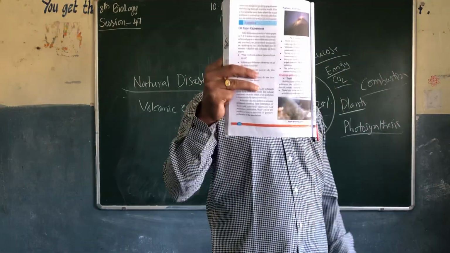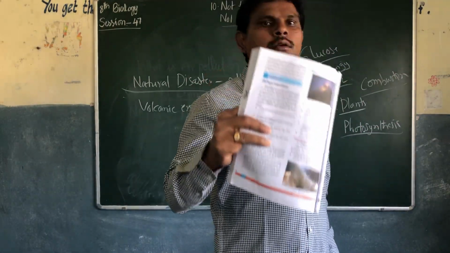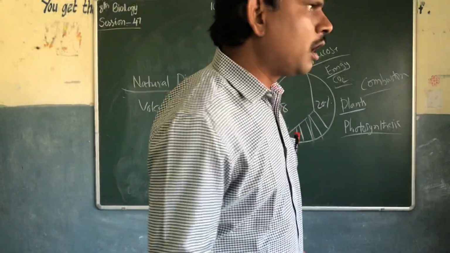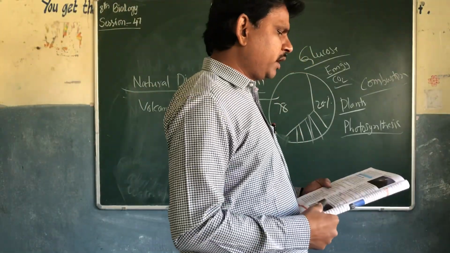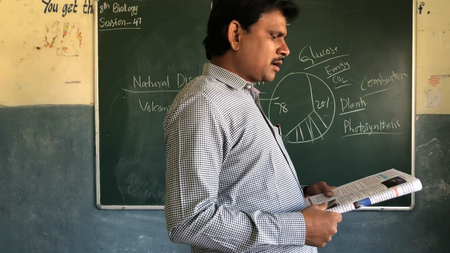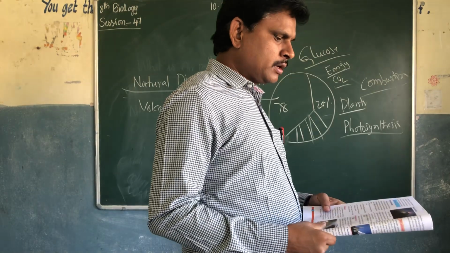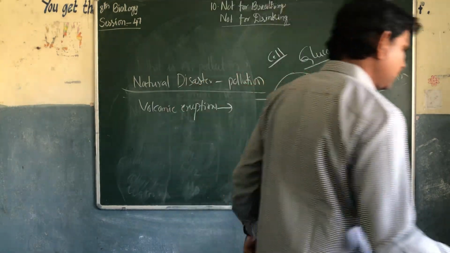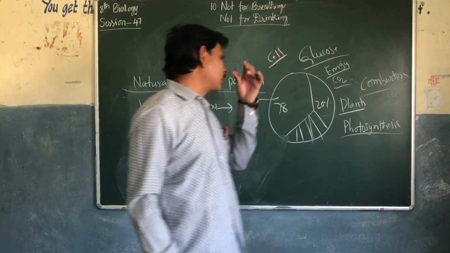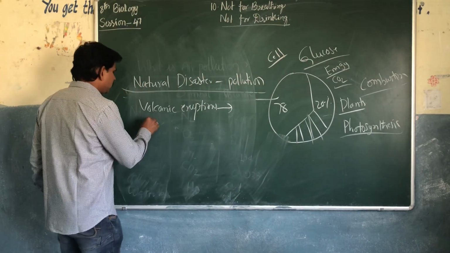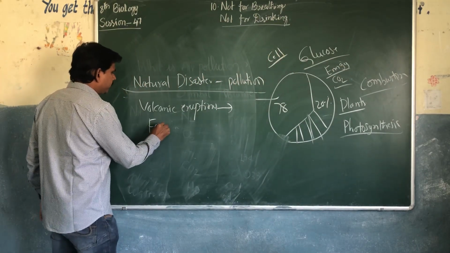You can see the pictures. Volcanic eruptions release very hot carbon particles that enter into the atmosphere. Next, forest fire.